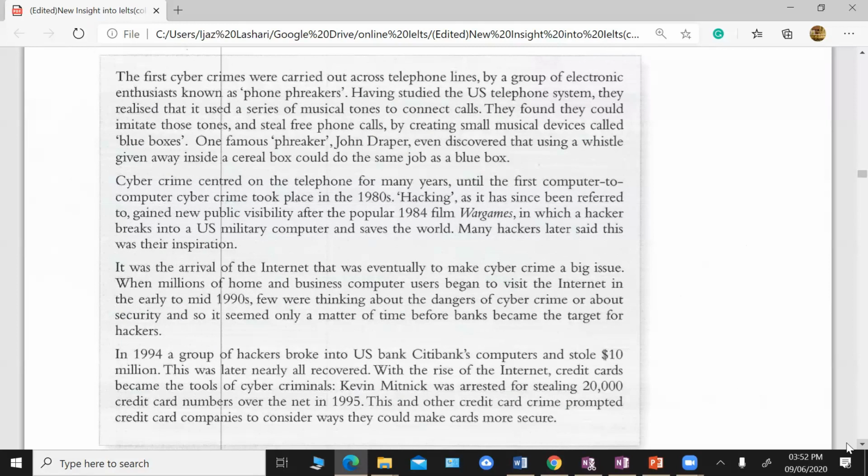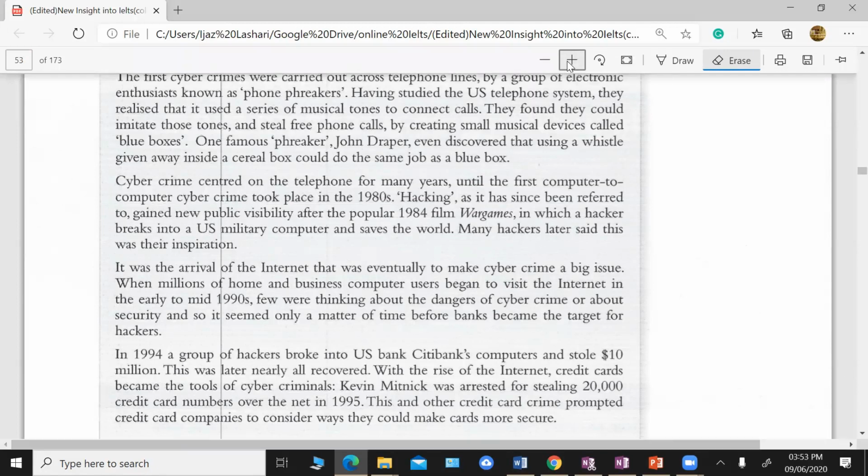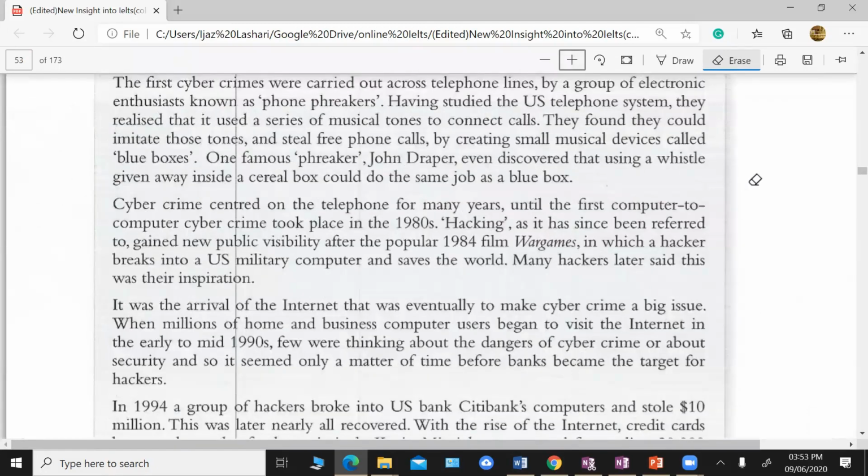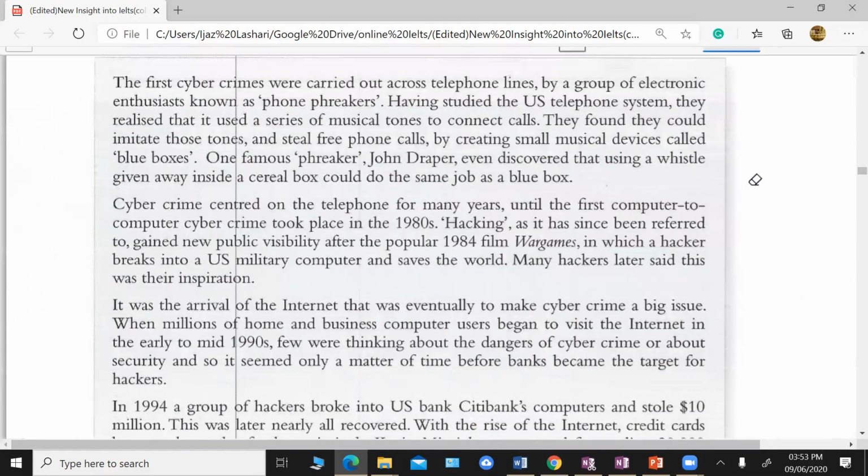One famous phreaker, John Draper, even discovered that using a whistle given away inside a cereal box could do the same job as the blue box.